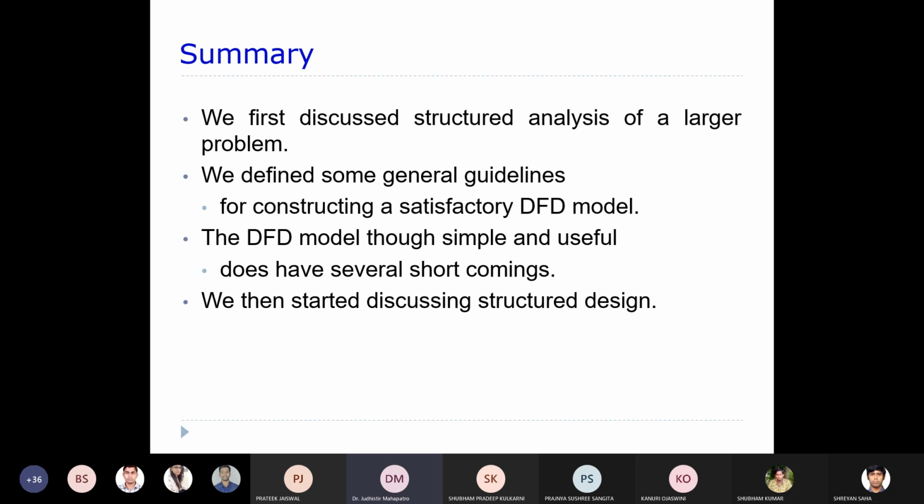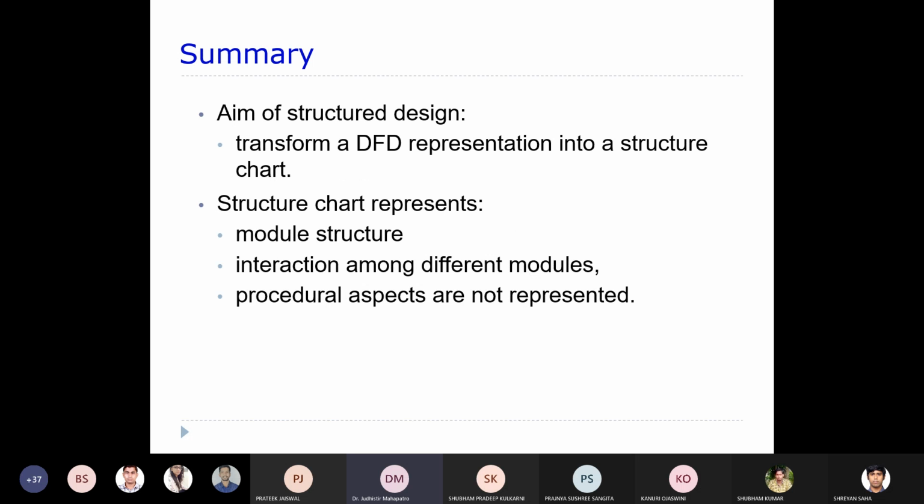We first discussed structural analysis of a larger problem. We defined some general guidelines, right? First you have a DFD. We have seen that the DFD is very simple and very useful, but still we have seen a number of shortcomings. Then we started discussing the structure chart, the structured design part, how we transform this DFD representation into a structure chart.